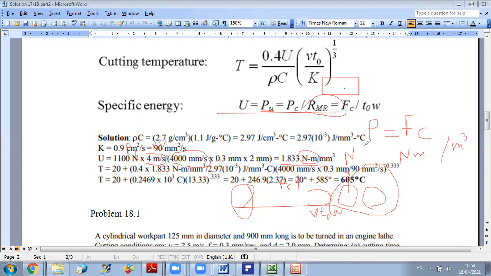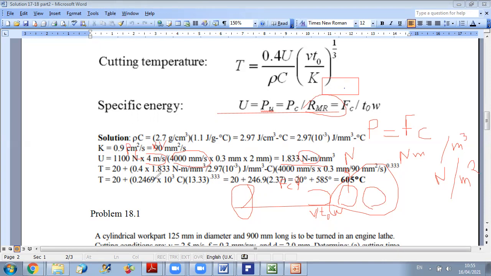You can do this, or as I told you, you can find the result in Newton per meter square, and then you convert rho C to have rho C in the corresponding unit. So for rho C, instead of the value per millimeter cube, you can convert it to meter in this case.